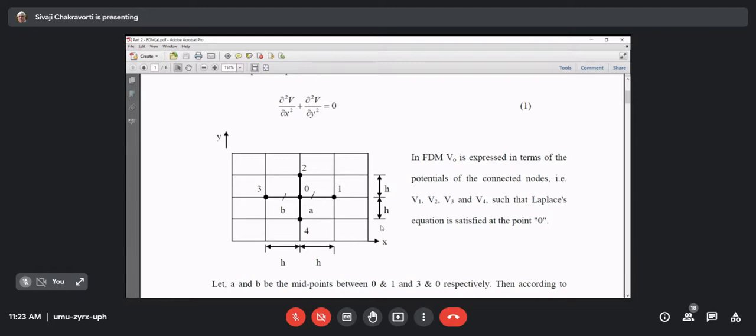So in 90% or more cases, linear potential distribution is assumed, which is quite good. We get quite good results. But then when I say linear potential distribution, the question will arise: how do you know that the potential is linearly distributed between the two nodes? The answer is I do not know.